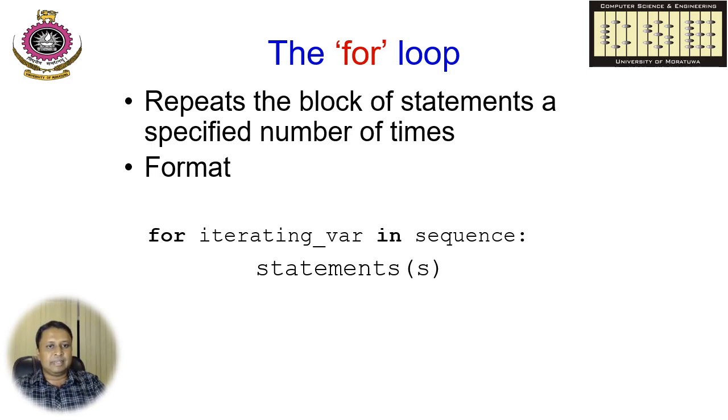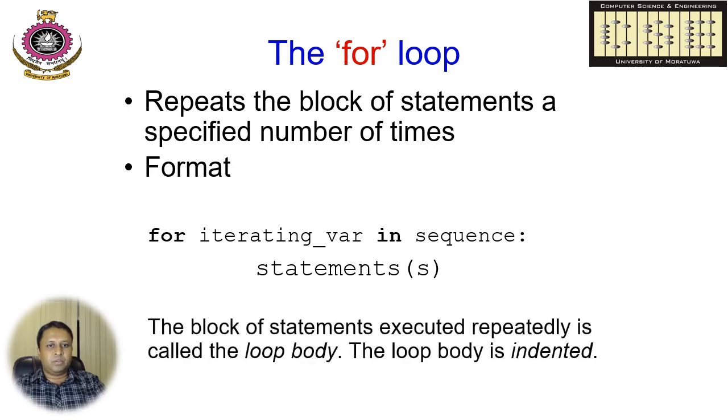Notice the indentation. When you define the for loop in this way, in the next line you introduce the indentation. You indent the next block of code so that you include it inside the for loop. Whatever is indented, that block of statements, is the one that is repeatedly executed, and is generally referred to as the loop body or the body of the loop.